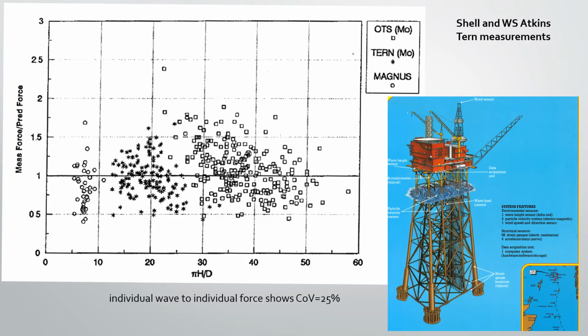Even if we know with some accuracy the wind speed, the snow depth, or as in this case, the wave height that is causing a loading on the structure, we are not able to determine with accuracy the loading the structure will feel. Here, the measured load divided by the predicted load is shown for many different waves on 3 different offshore jacket structures.